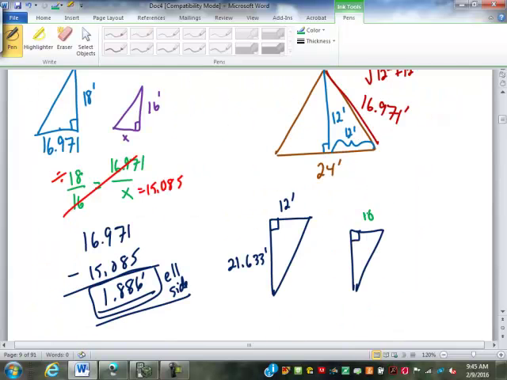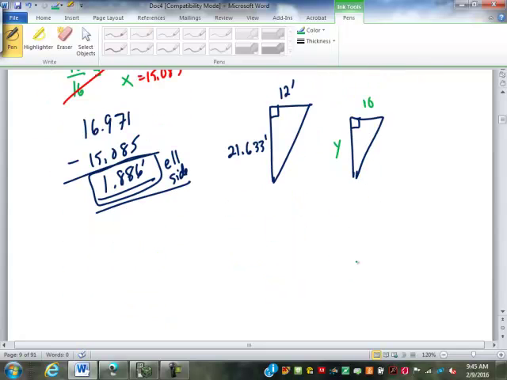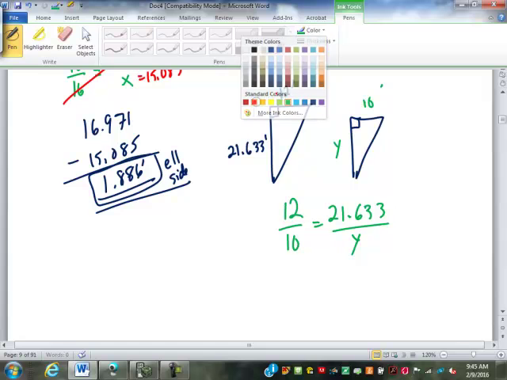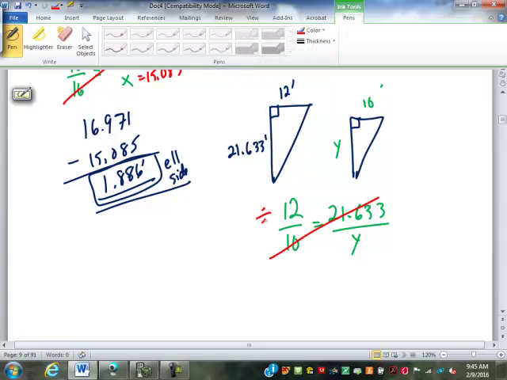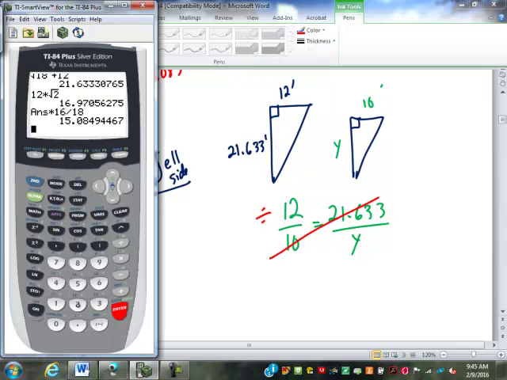So 10 and y. So our proportion will be perfect. Cross multiplying, 10 times 21.633 divided by 12. 18.028.